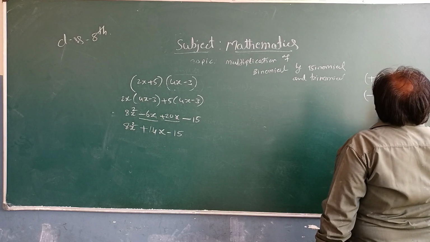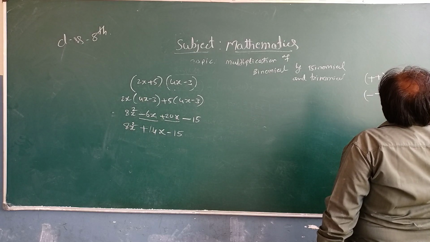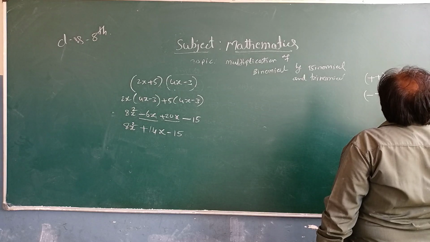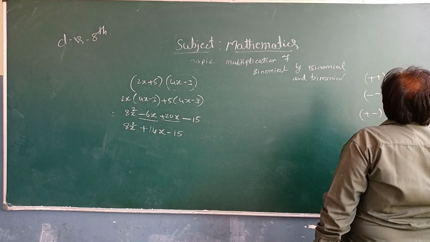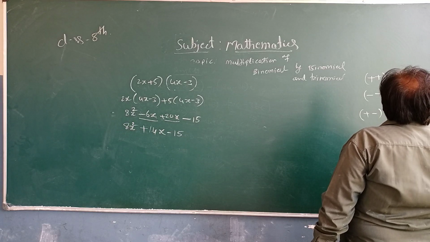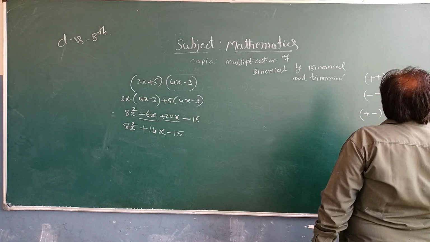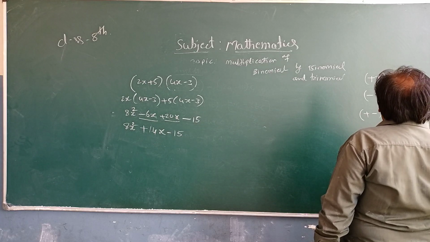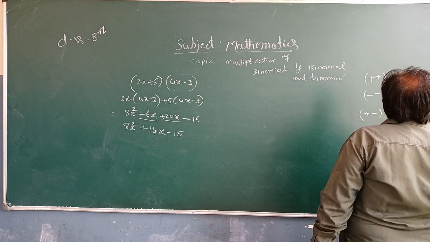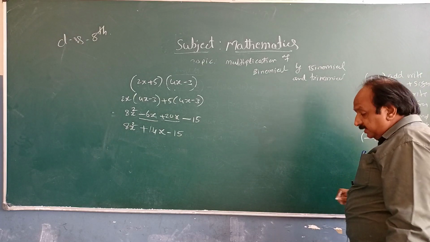Both are minus: add and write minus sign. One is plus, another is minus: subtract and write greater number sign. One is minus, another is plus: subtract and write greater number sign.